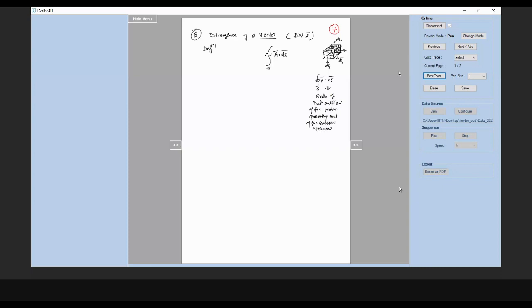So if anybody asks you to find out the rate of net outflow, of course the quantity should be evolving or emerging from the enclosed volume or that surface area. For example, if you put a bulb, then the light would be spread out of it. Or if you have a room freshener, then the fragrance would get spread in all directions. If the antenna is there, the power would be radiated. Like that, some emerging quantity should be there.